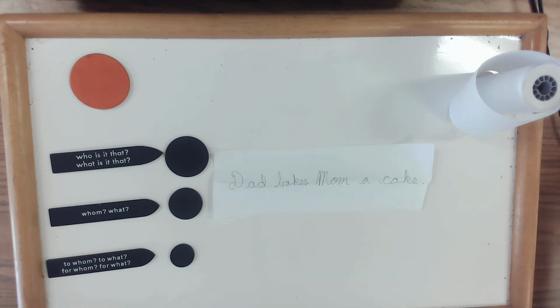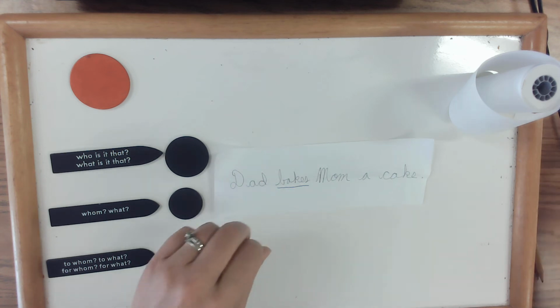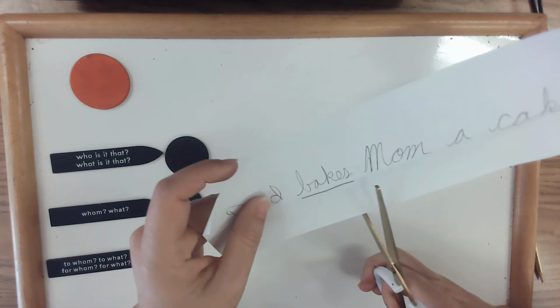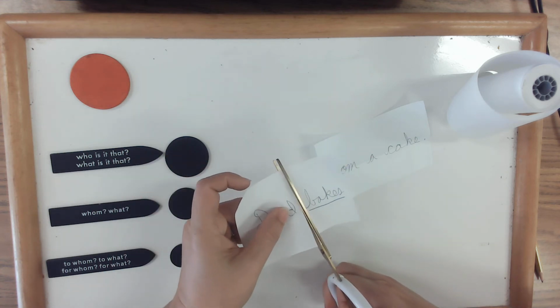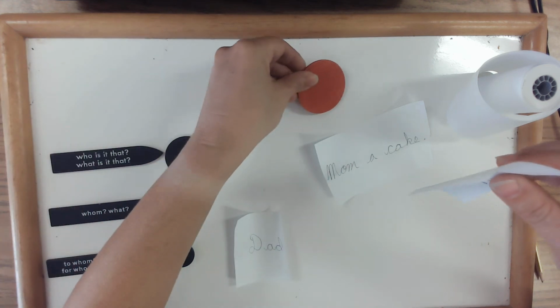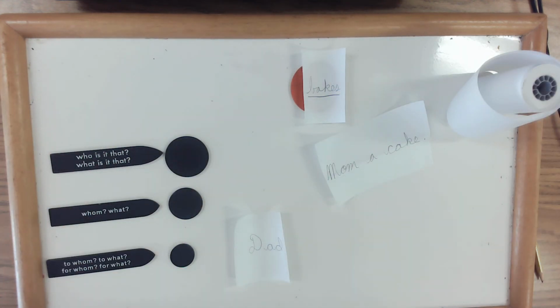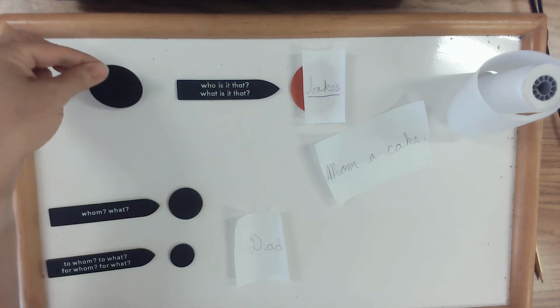So again, first thing we always do, we underline and cut out the predicate, the main verb, and it goes on the red circle. So, bakes. Who is it that bakes? Well, Dad bakes.